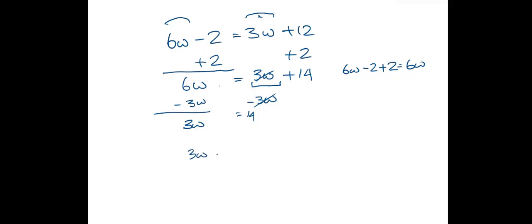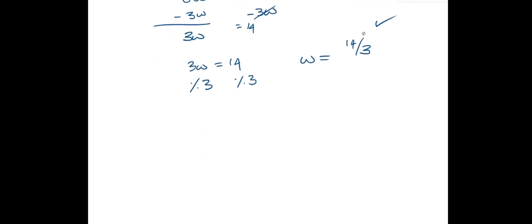So 3W equals 14. Now what do we do? Well, we want to get rid of this 3. So we're going to divide both sides by 3. And we get W equals 14 over 3. And that looks weird, it looks strange, but that's the answer. Improper fraction is fine for us.